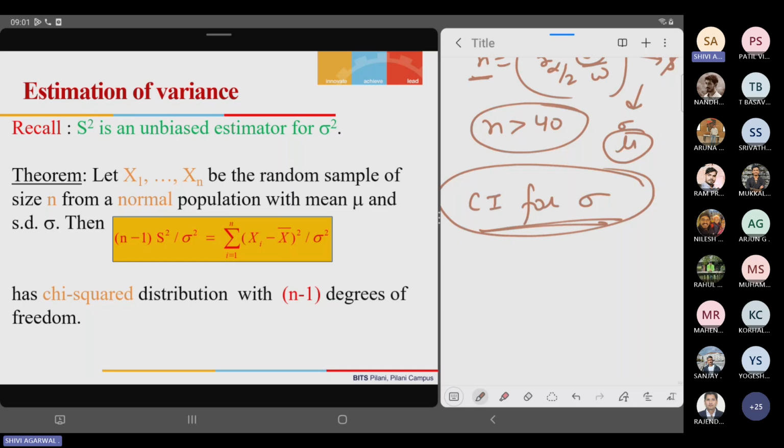That's why we did not do any questions at the time of the gamma distribution, but chi-square distribution is also a special case of the gamma distribution. Okay, so here we have done Z distribution, we have used the T distribution, now we are using the chi-square distribution.